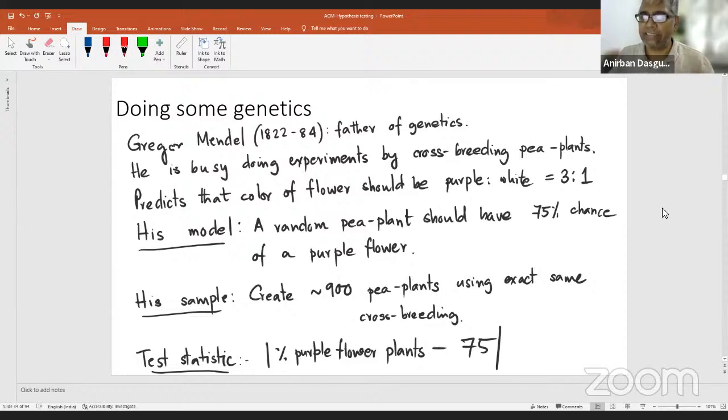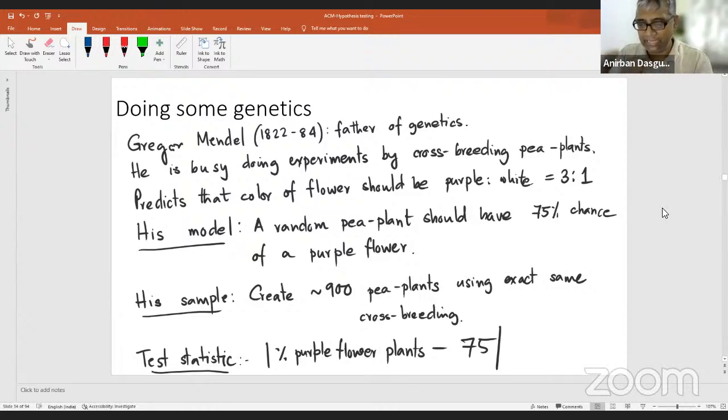Sorry, I have forgotten the distribution of the parents, but basically we set it up such that a random pea plant at the level we're looking at should have a 75% chance of a purple flower. Because out of the 4 grandparents he had chosen, 3 have purple and 1 has white, and then he's taking their children.